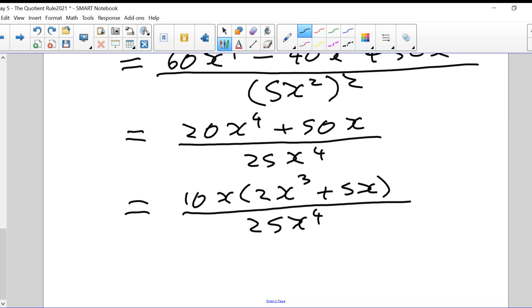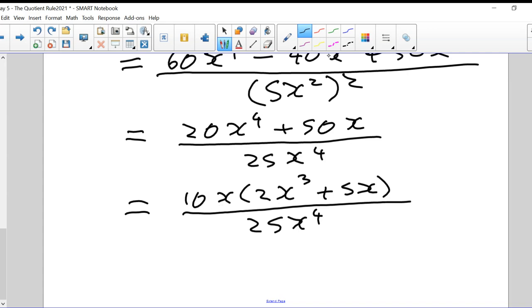And if you're thinking this is a lot of work, it is, but I do expect you to have the kind of skills at this point to be able to do this. At any rate, let's keep going. So factoring out 10x, I'm left with 2x cubed plus 5x. That sounds about right. And now I can cancel down.